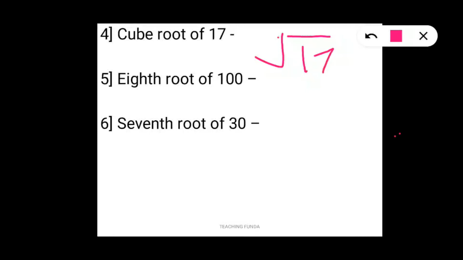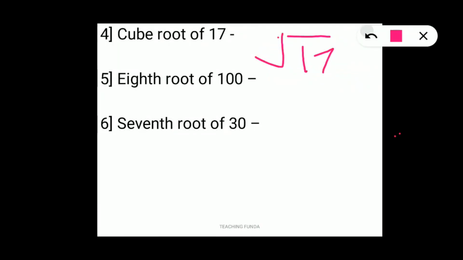Cube means 3. Now this is which form? This is radical form. Now you have to write index form. Index form, how will you write, students? 17 raised to 1 upon 3.